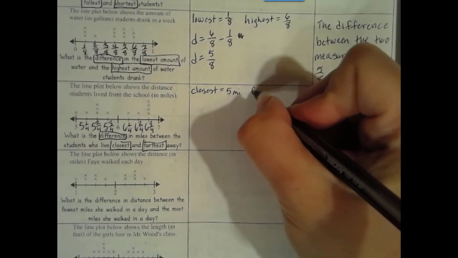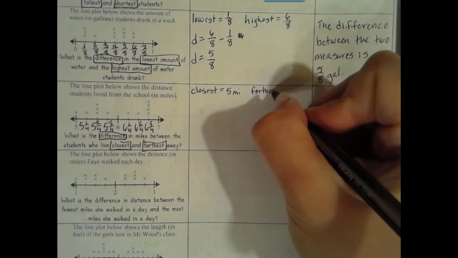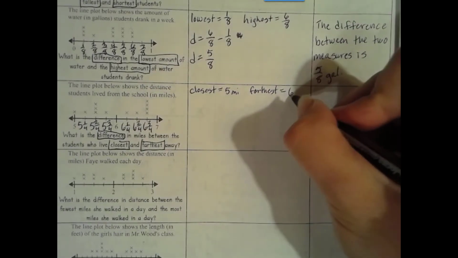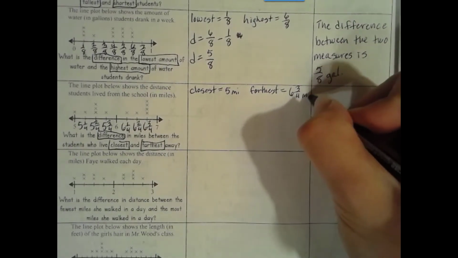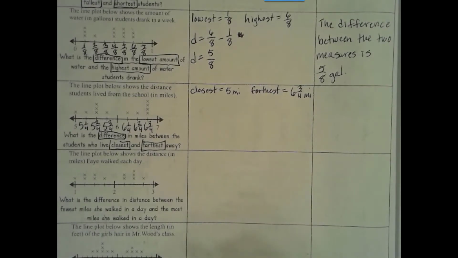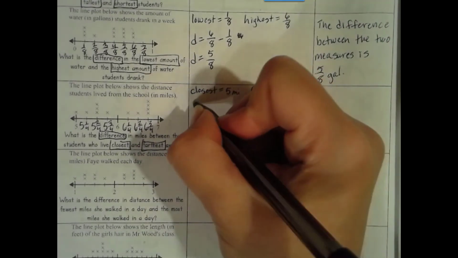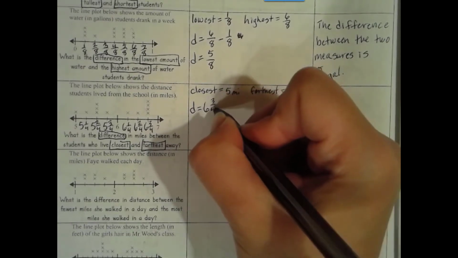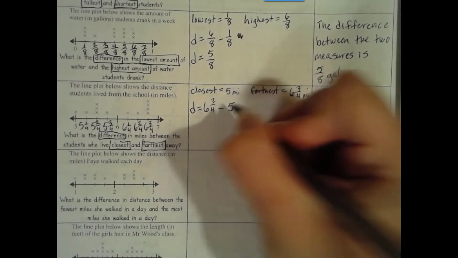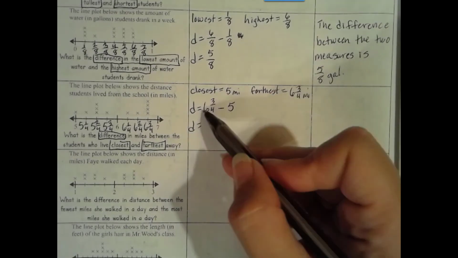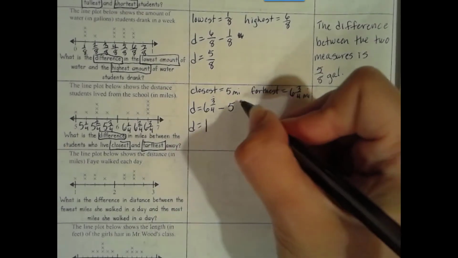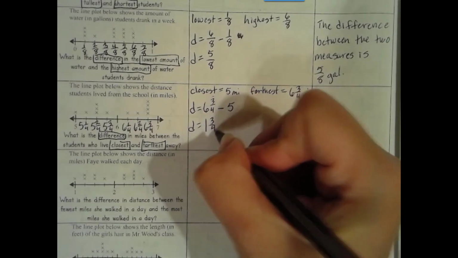The farthest student lives 6 and 3/4 miles away. So the difference between the farthest and the closest. Well, 6 whole take away 5 whole is left with 1. 3/4 take away no fraction, stays 3/4.